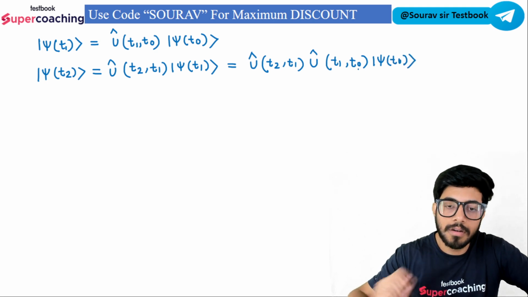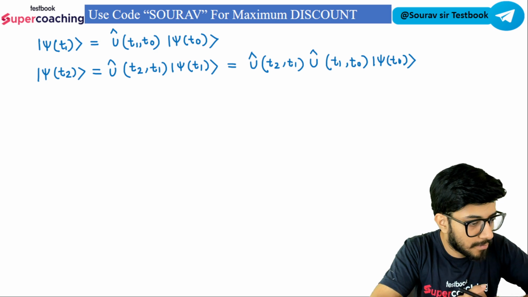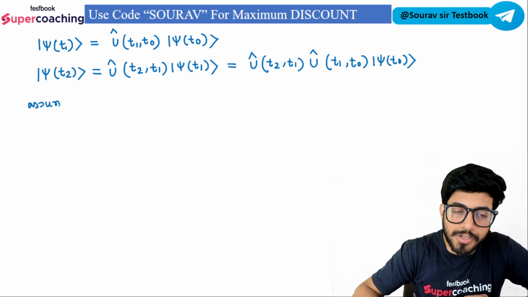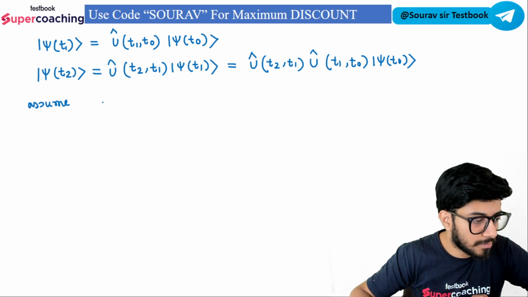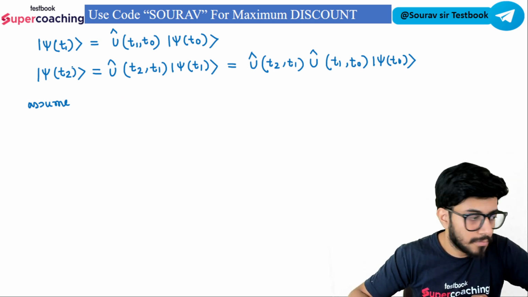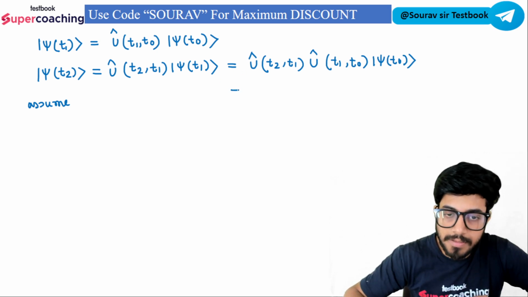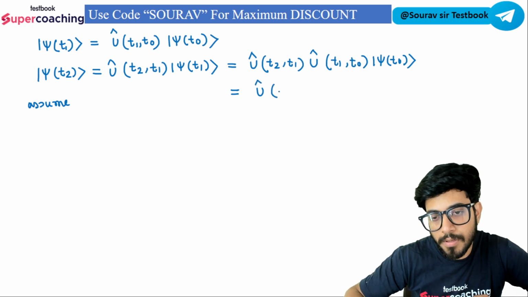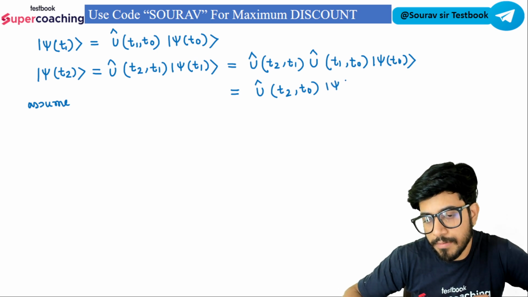and therefore I have another thing to write. Just assume this thing can also be written as u of t2 comma t0, these two things psi of t0.